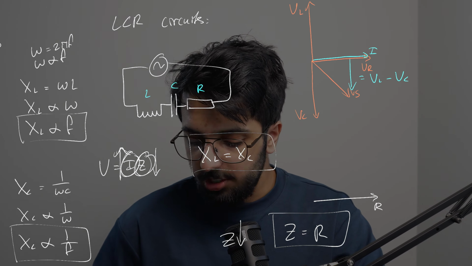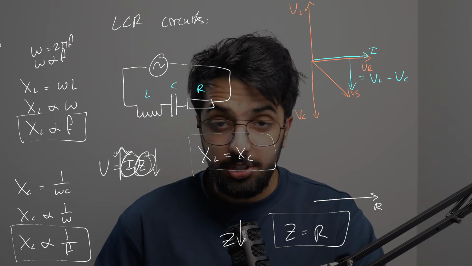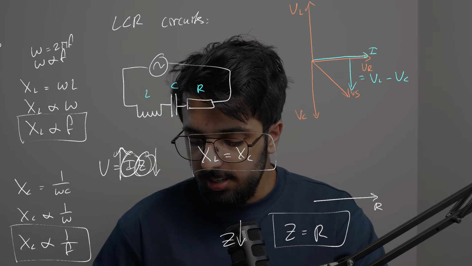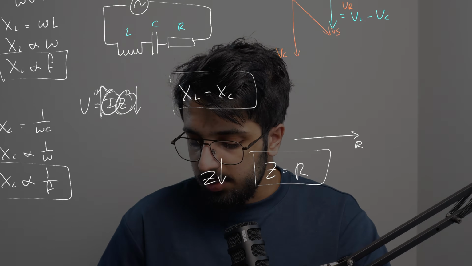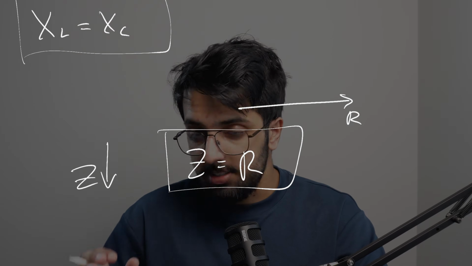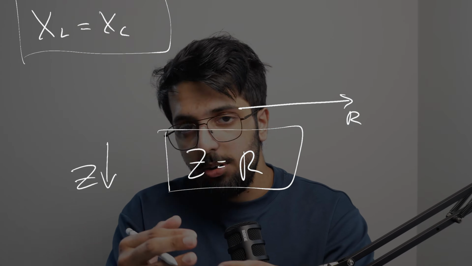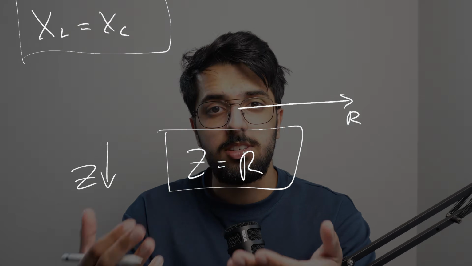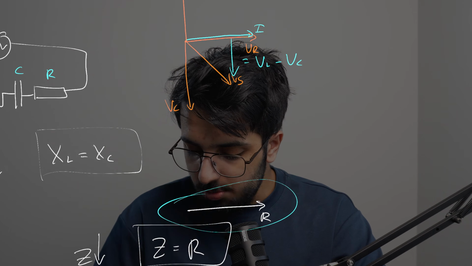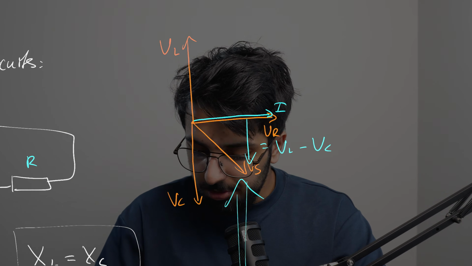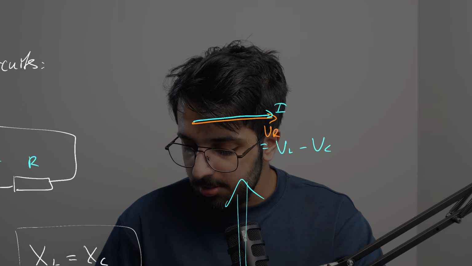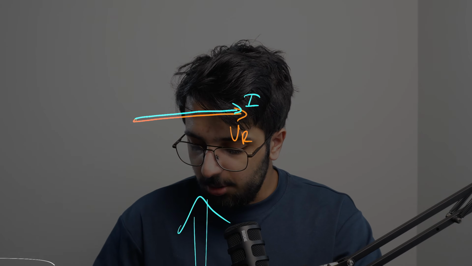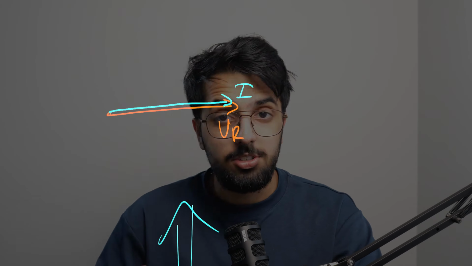Alright, some few things to note about the circuit when it is at resonance. When the circuit is at resonance, meaning that the reactances cancel out, this obviously, as we just discussed, means we only have our resistor impeding the current, and so our circuit is now considered purely resistive. And so therefore, the voltages of our inductor and our capacitor are also going to collapse. Okay? And so the only voltage left in the circuit is the voltage across the resistor.